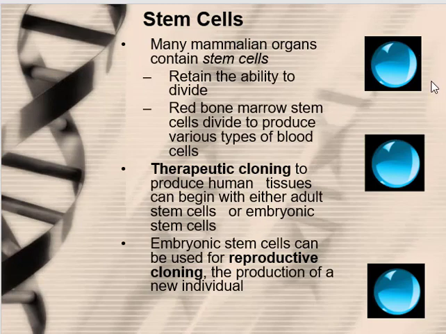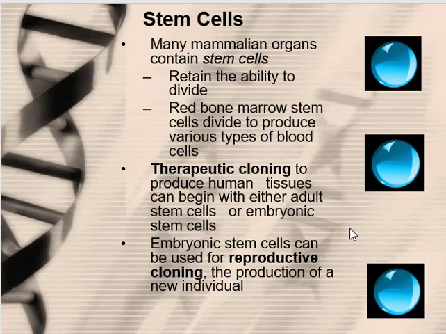In here, you will find a video of a little rat that had a damaged spine, and they put fetal stem cells on it, and the rat was able to recover completely. Therapeutic cloning. There's a really good video in here of that as well, which you might want to look at.